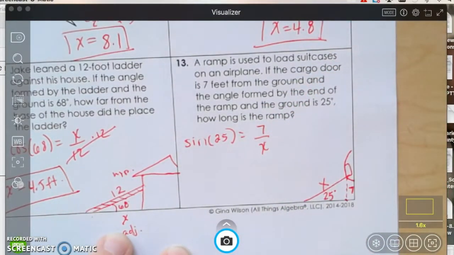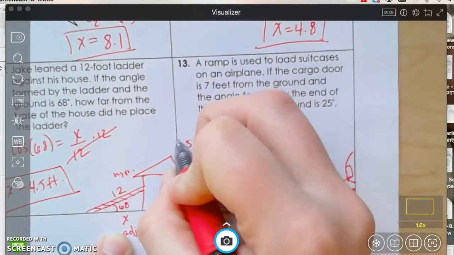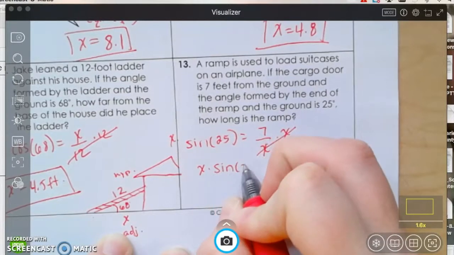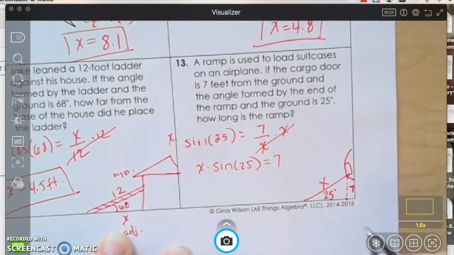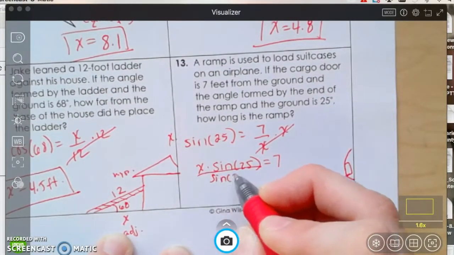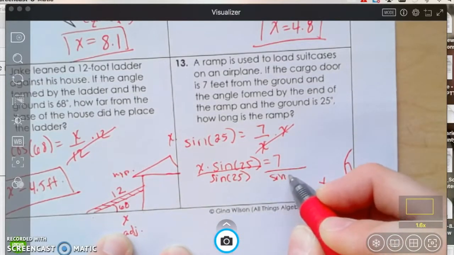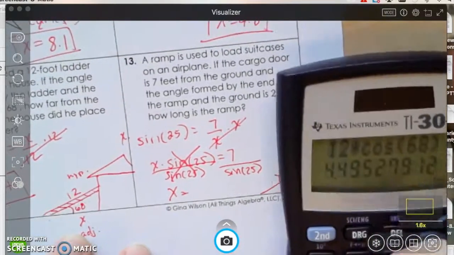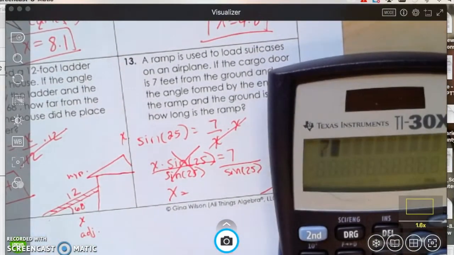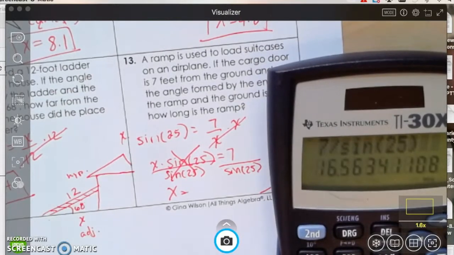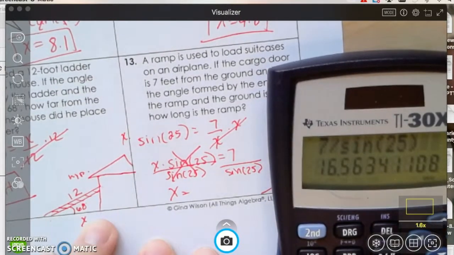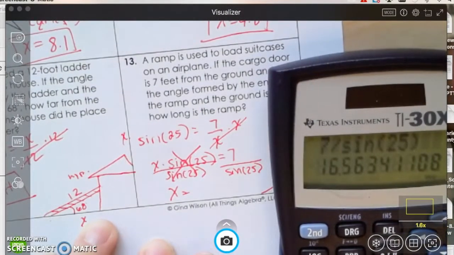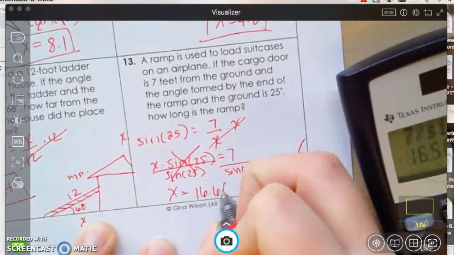So I'm seeing x in my denominator again, have to get that out. So x times the sine of 25 equals 7. Divide both sides by the sine of 25. So I'm going to take 7 divided by the sine of 25. I get 16.6 feet is the length of that ramp. And we are done.